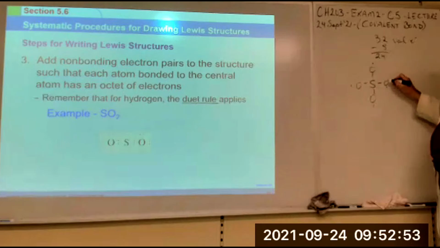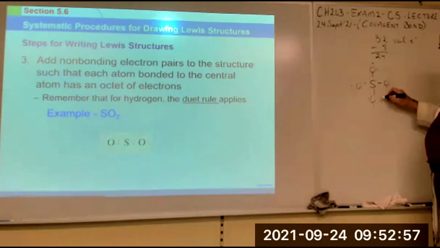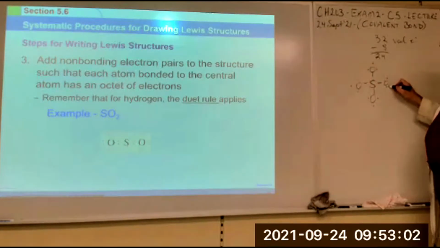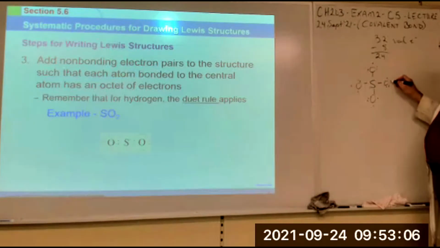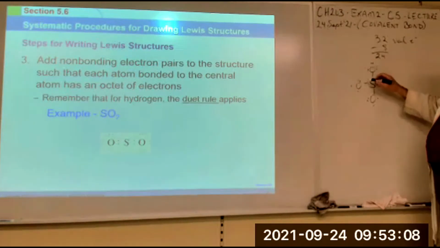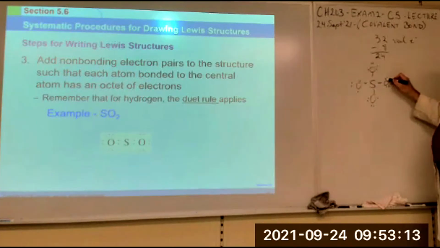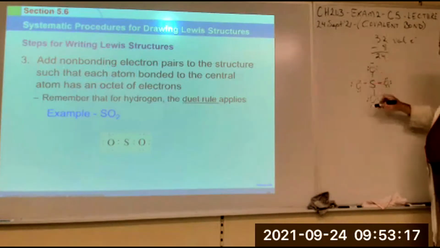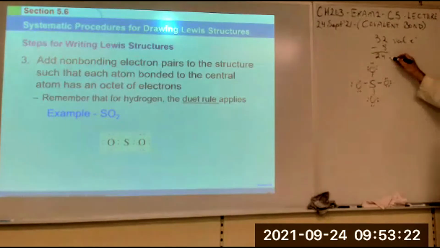Unpaired first. 5, 6, 7, 8, 9, 10, and so on up to 24. Okay, we've used them all up.